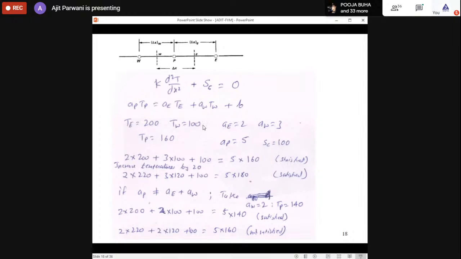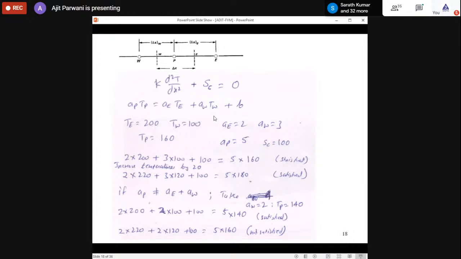Now suppose I increase the temperature by the value of 20. If I increase the value by 20, so if I make TE equal to 220 and TW 120, then will this equation be satisfied?